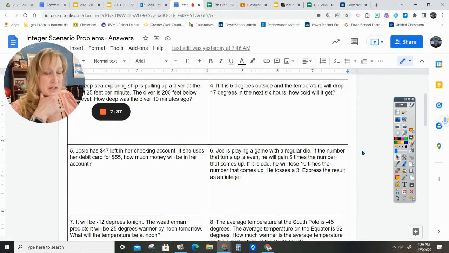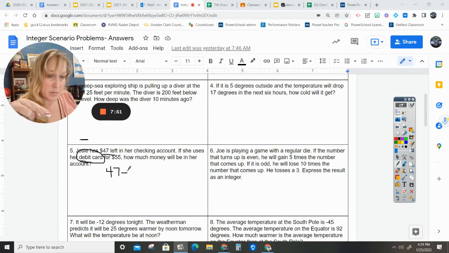Okay, now we're looking at number 5. Josie has $47 left in her checking account. If she uses her debit card, that means we're going to subtract. So we've got to do 47 minus $55.